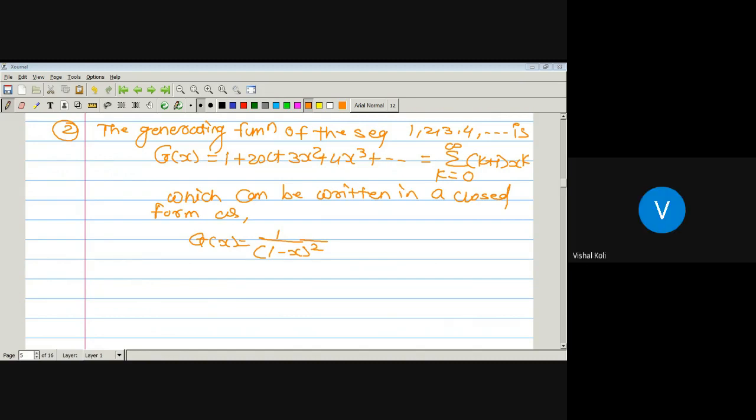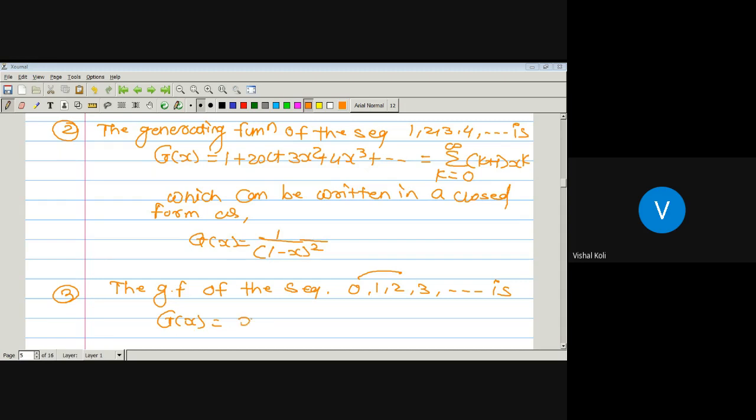Okay. Now, the third one, the generating function of the sequence 0, 1, 2, 3, and so on is nothing but g of x will be equal to, the first coefficient will be 0, so there is no coefficient for x raised to 0. So what is the first term?